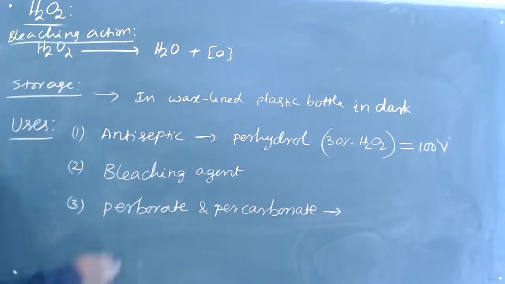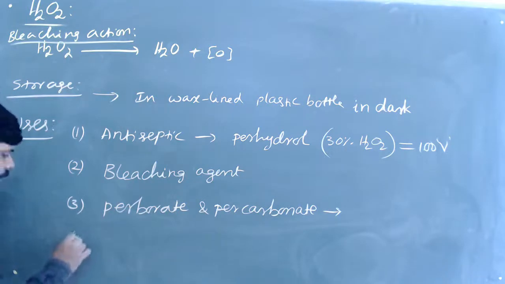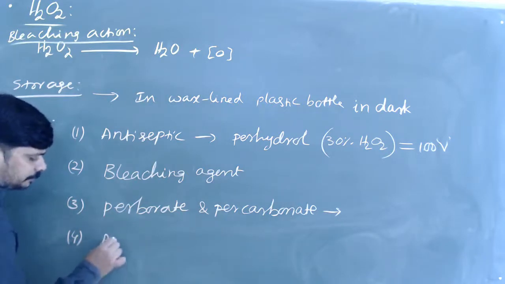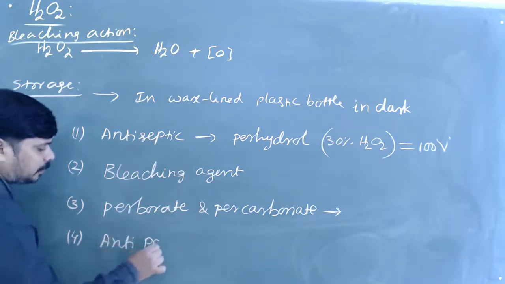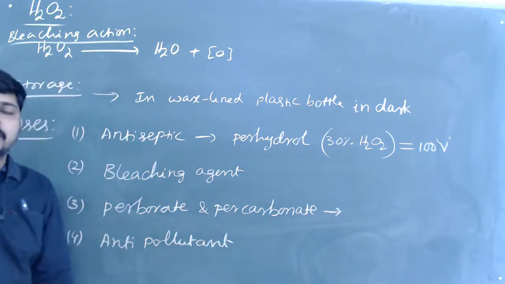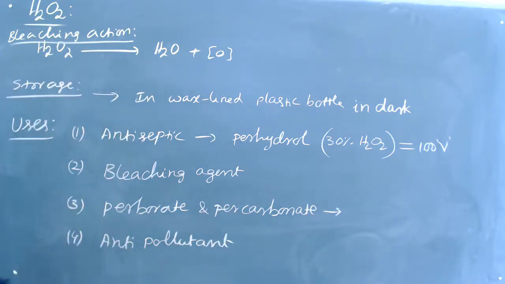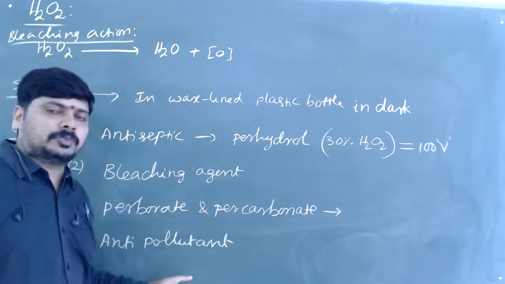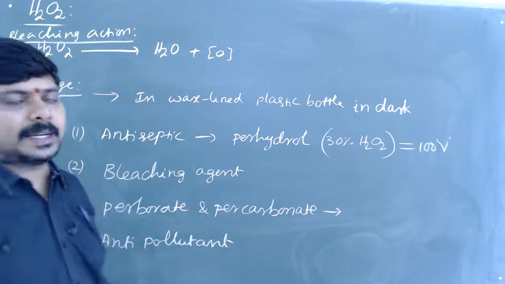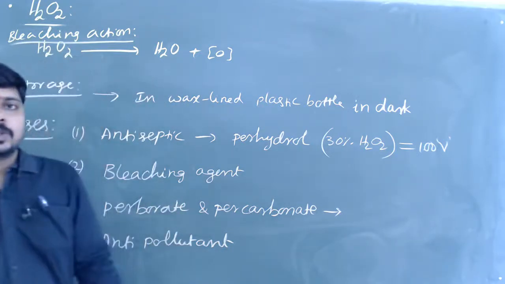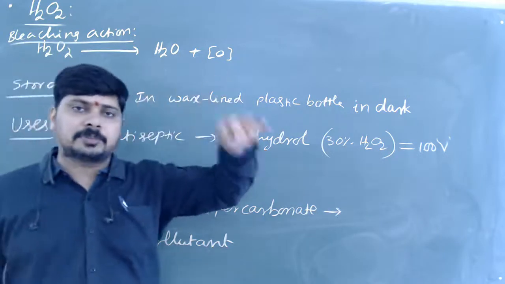This is one more use of hydrogen peroxide, and it is an anti-pollutant. This is very important to control pollution. Whatever effluents we get, domestic pollution or industrial pollution, those effluents are treated with hydrogen peroxide so that there is less pollution.